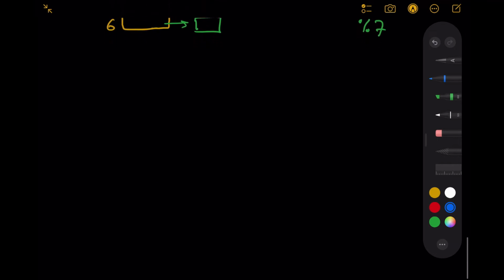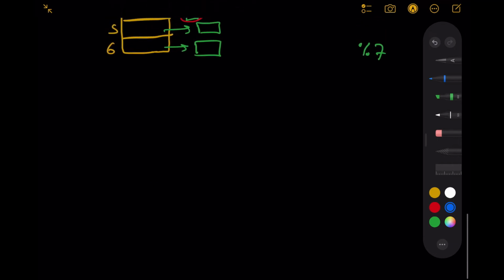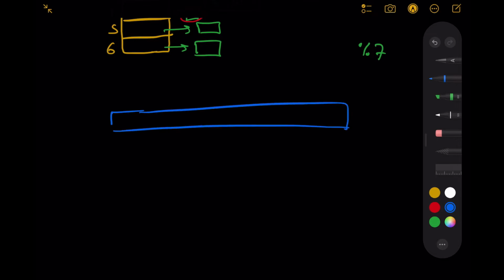So let's try to understand this with an example. So again, I take an array of size 7. Now let's just insert elements 1, 2, 3 in this particular set.